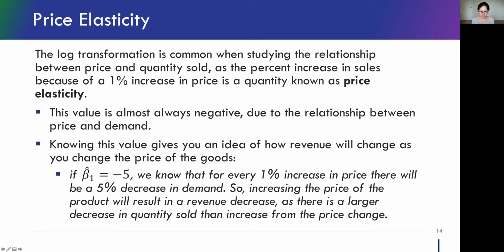So increasing the price of the product will result in a revenue decrease, as there is a large decrease in quantity sold, this 5%, compared to the increase from the price change, the increase of 1% for the price. Price times quantity would be your revenue. So increasing the price a little but losing more of your sales, the revenue would definitely be a loss.